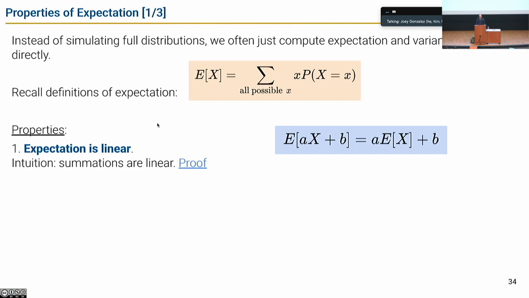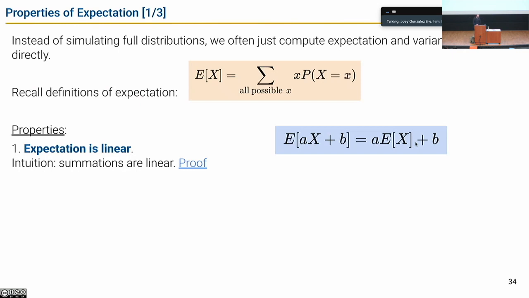All right. So let's go through some of the important properties of expectations and variance that will be useful in doing these kinds of analyses. The first is that expectation is a linear operator. So if I have the constant a times the random variable x plus the constant b, then the expectation of that is a times the expectation of x plus b.